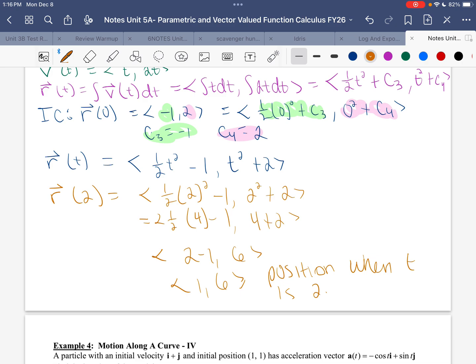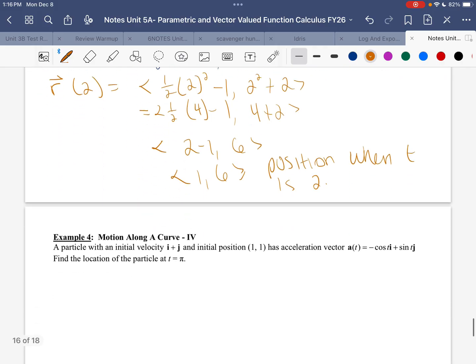Okay. You can pause it and try to do example 4. It's basically the same thing. Make sure when you integrate your sine and cosine, you integrate and get a c.